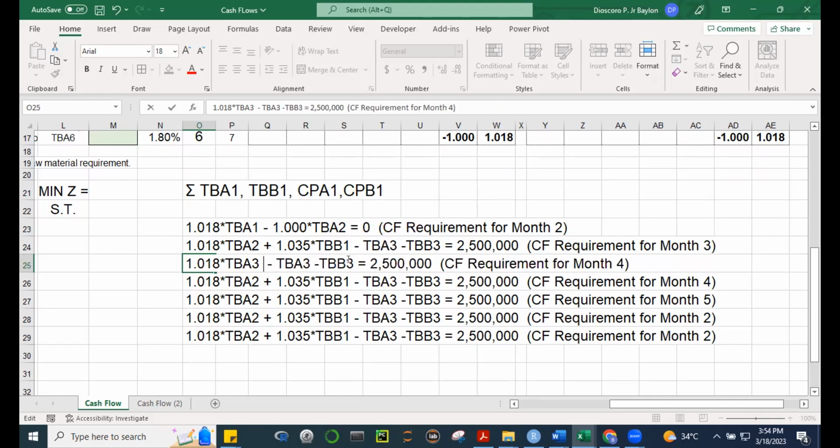Then next is CPA: 1.058 times CPA1, minus TBA4, minus CPA4, equal to 0. So this is the requirement for month 4.